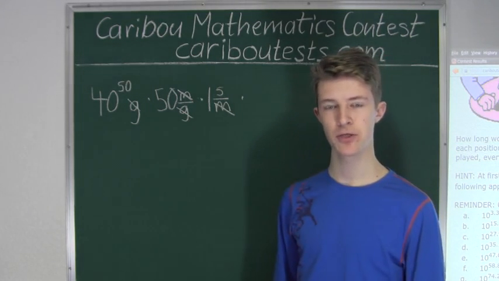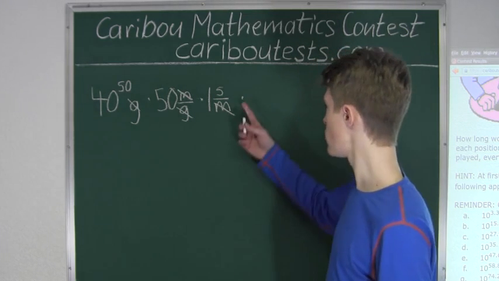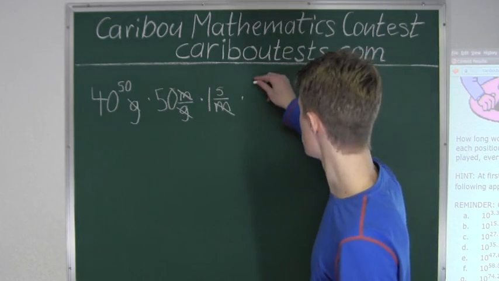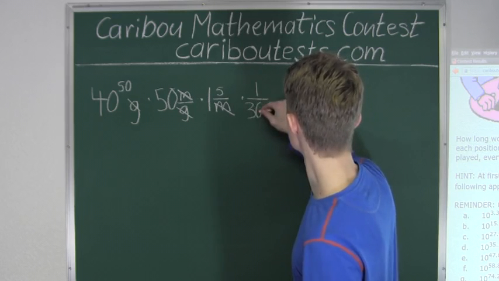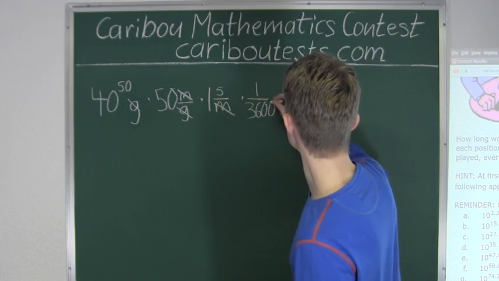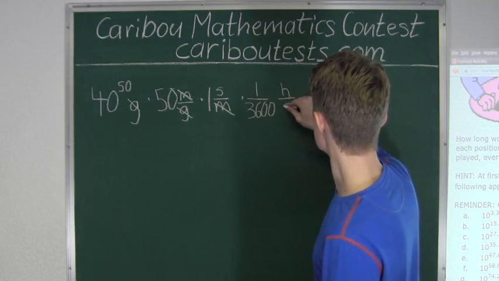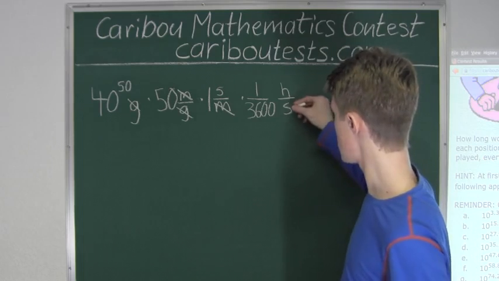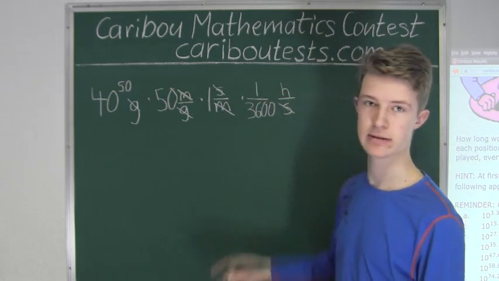That means there are 3,600 seconds in an hour. So we will divide this by 3,600, which is also just multiplying by the inverse. This is hours per second, and now we can cancel out the seconds, so we are left with hours.